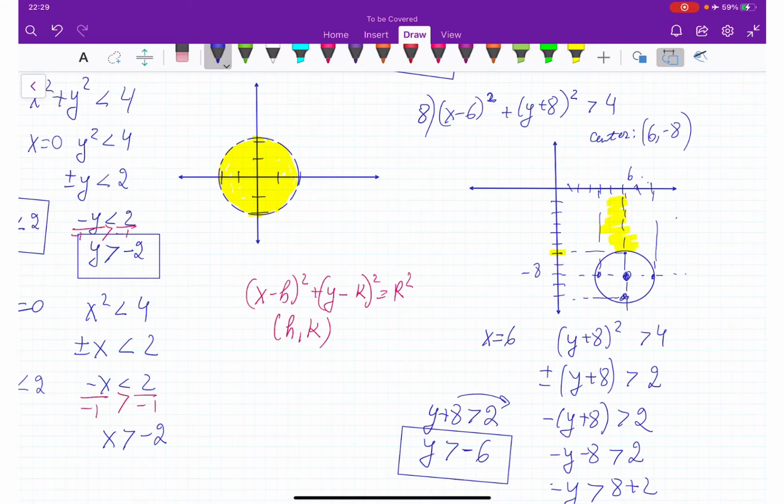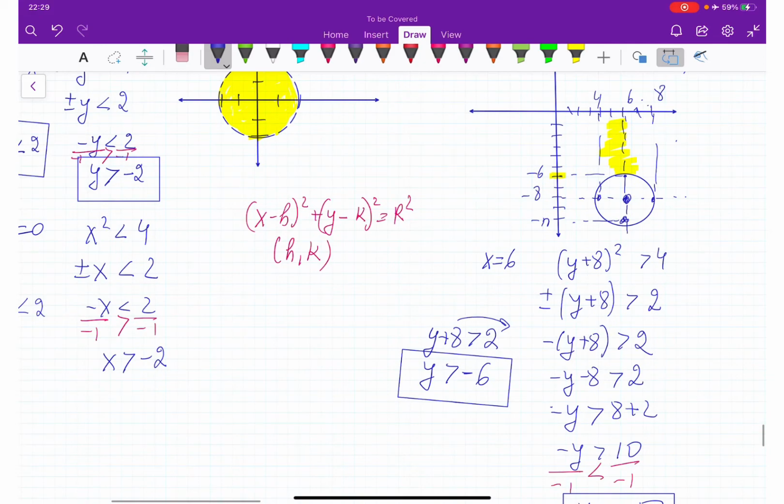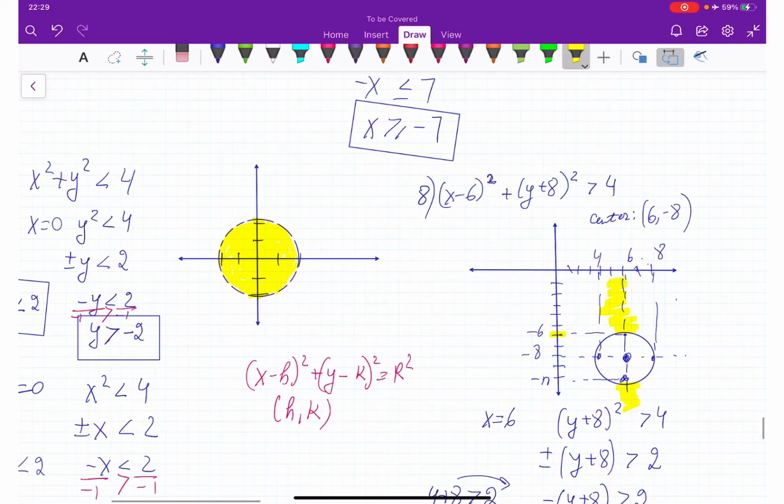Because remember, I put negative 6 here. This is negative 10, this is 4, and this is 8. So greater than negative 6, and then y is less than negative 10. Less than negative 10, it's coming this way. Remember what I said, when we have greater than, then we're going to shade outside.